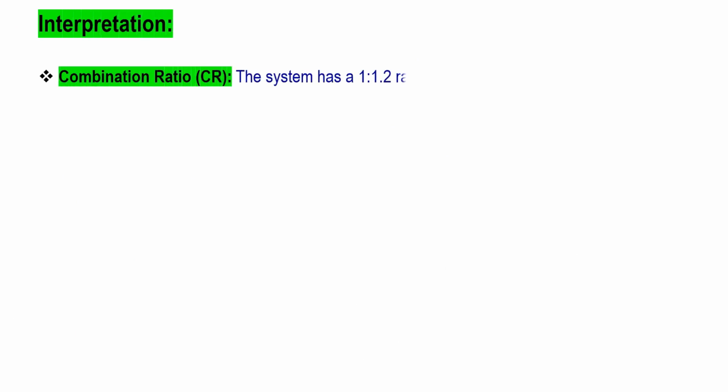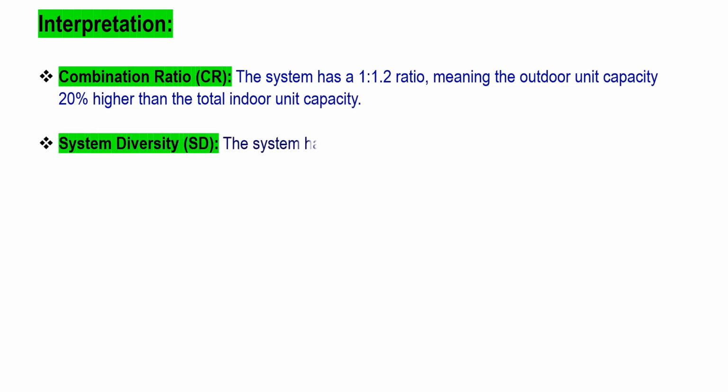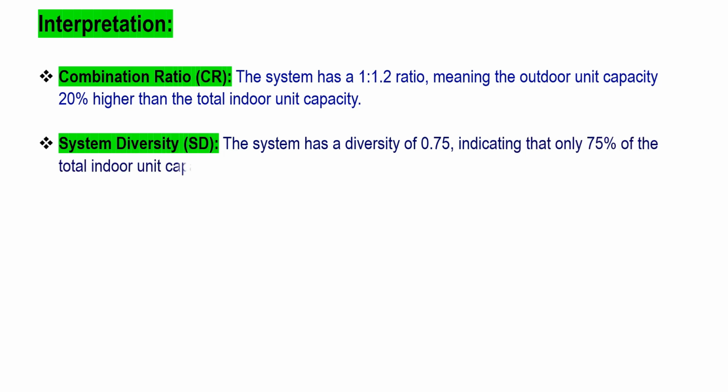Interpretation. Combination ratio is, the system has a ratio of 1.2, meaning the indoor unit capacity is 20% higher than the total outdoor unit capacity. System diversity is, the system has a diversity of 0.75, indicating that only 75% of the total indoor unit capacity is required to meet the maximum simultaneous load.